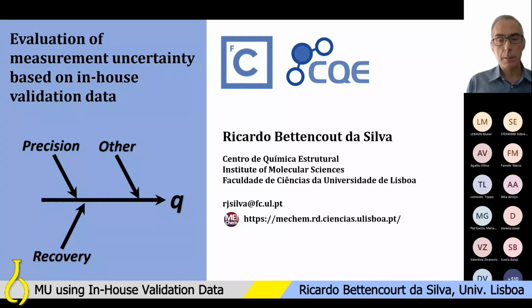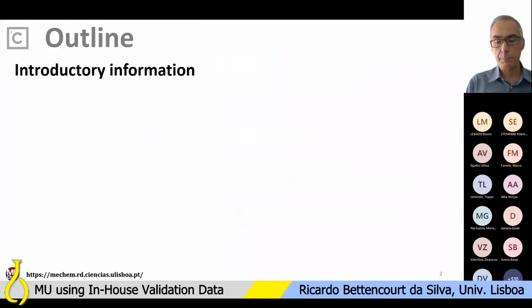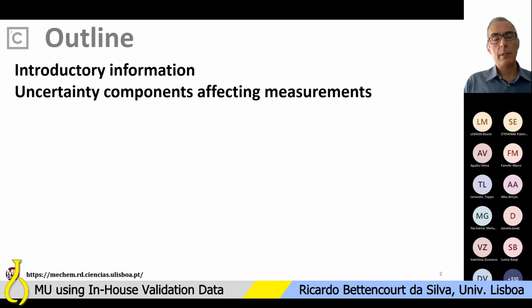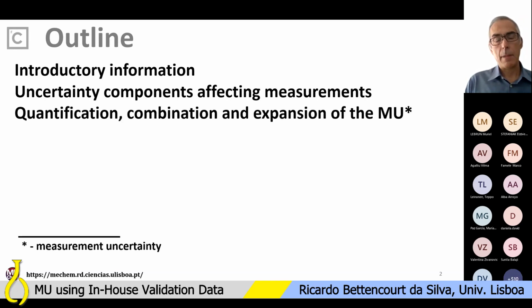I will start my presentation with some introductory information, and then I will discuss which uncertainty components typically affect our measurements. Then I will discuss how to quantify, combine and expand the combined standard uncertainty to allow us to have a result with a high confidence level.